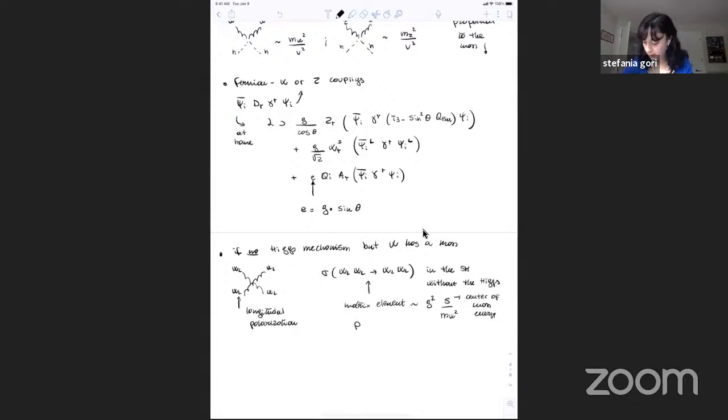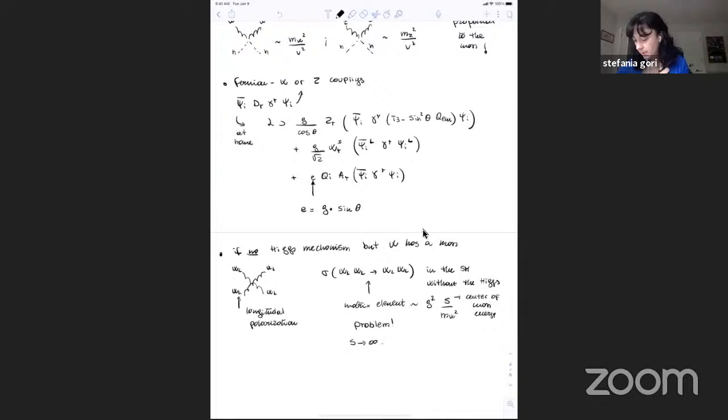So this is a problem. You might wonder why this is a problem. The reason being that you can think about doing the experiment, studying your scattering and going to energies that are bigger and bigger, in principle infinity. And what you see is that indeed this cross-section is blowing up. So that tells us that the theory at a certain point is not well defined anymore.